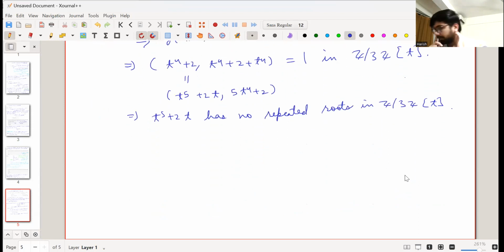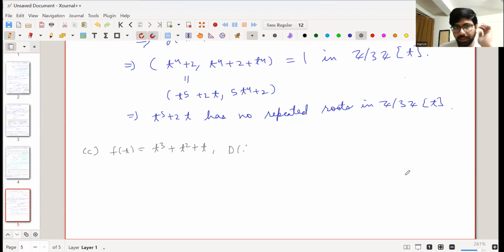Okay, so that's an interesting question. So now let's move to the next part, C, which says f(t) equal to t^3 + t^2 + t, and d of f(t) will then be 3t^2 + 2t + 1.